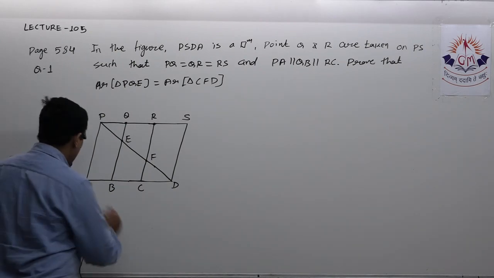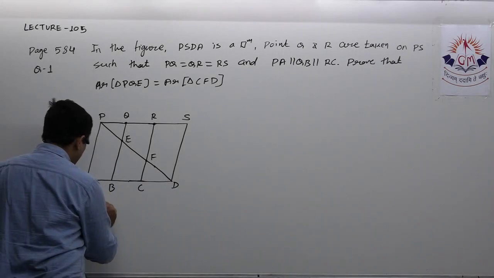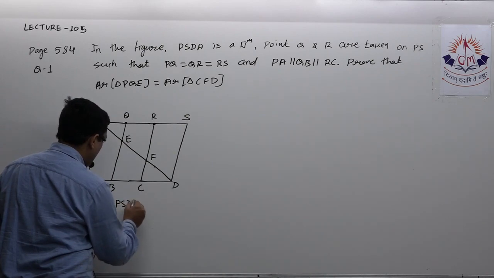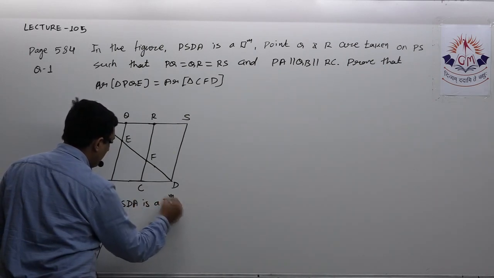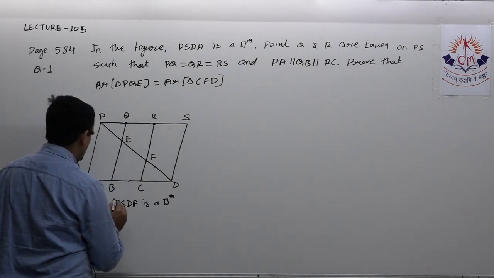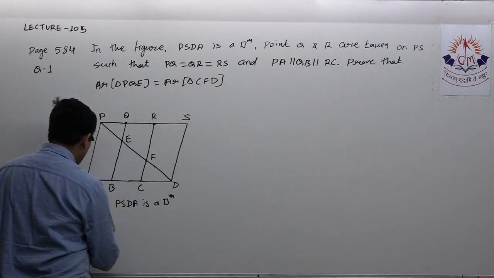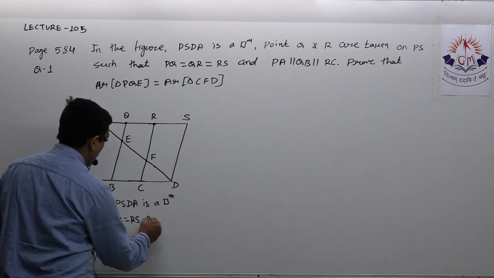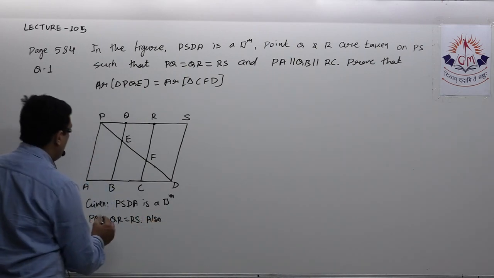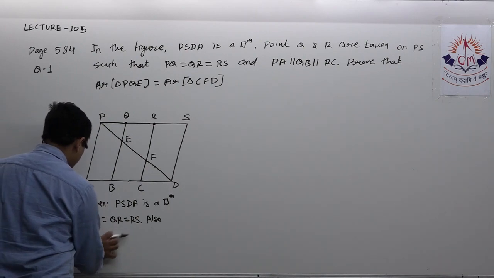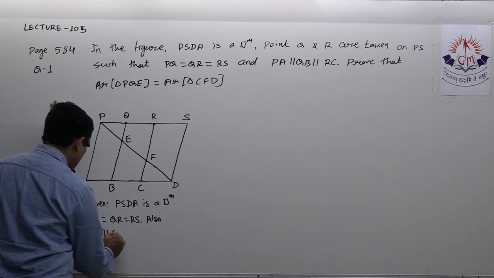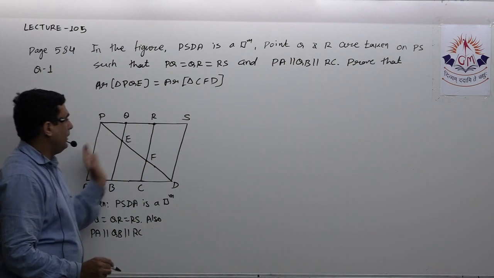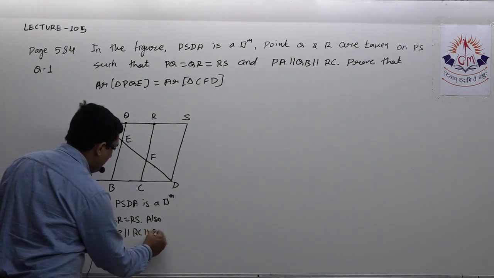So think for a while, till then I am writing this information of what is given, and then I will give its proof. So given, PSDA is a parallelogram, PQ is equal to QR is equal to RS. Also PA parallel to QB parallel to RC, and we know it's a parallelogram, so I can also say that RC is parallel to SD as well.